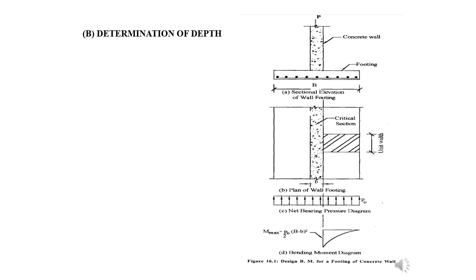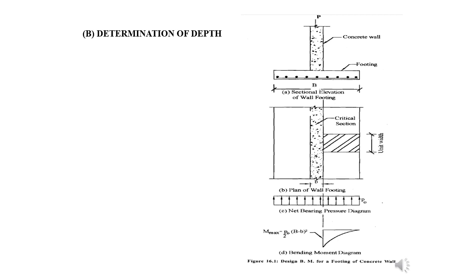Now the point here we have to talk about is the determination of depth. Depth is nothing but, you remember, the thickness of the footing. How can we find out the thickness of the footing in case of ST footing or ST foundation? You can see this figure. This is the bottom part of the foundation which is called the footing.